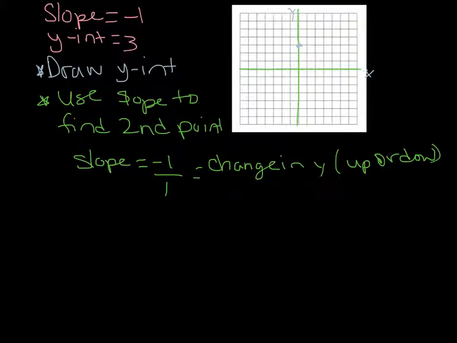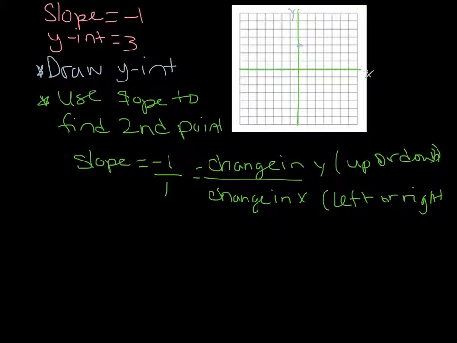Change in x is the amount we go left or right. So in this case, we are going to go down 1 because it is negative. And we are going to go right 1 because it is positive.